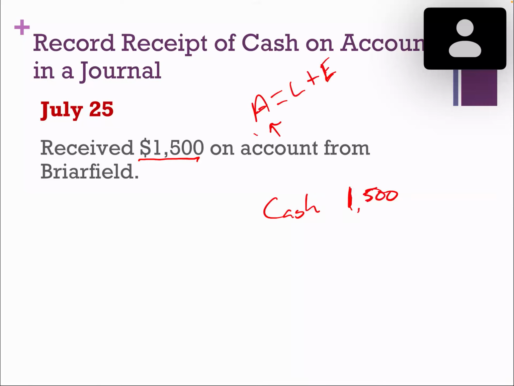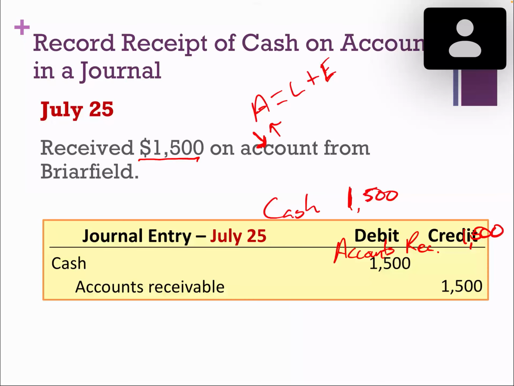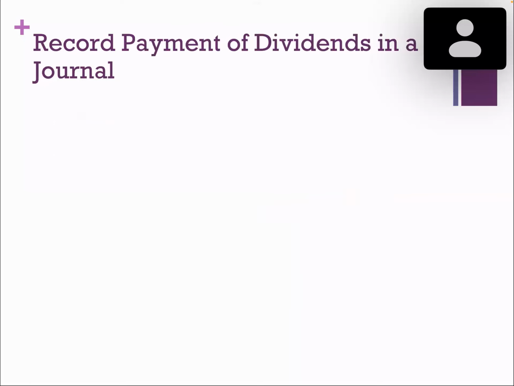Okay, now they don't owe us money, so our accounts receivable are going to go down 1,500. Okay, so to get an asset account to go down, we credit that account. I think I might have spelled receivable wrong earlier. My bad.